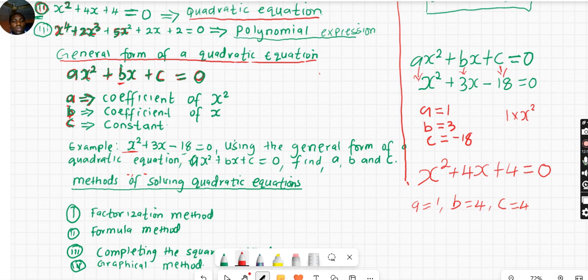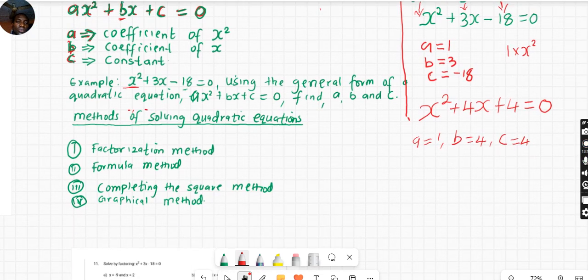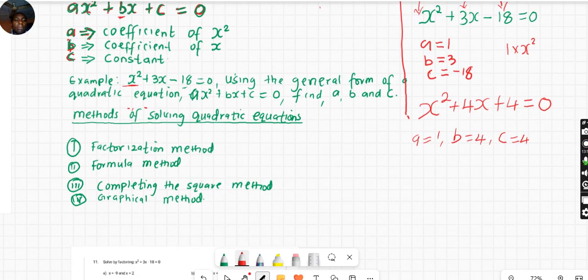The next thing we're going to discuss is the methods to follow in solving quadratic equations. There are basically 4 methods that we use. The first is the factorization method.